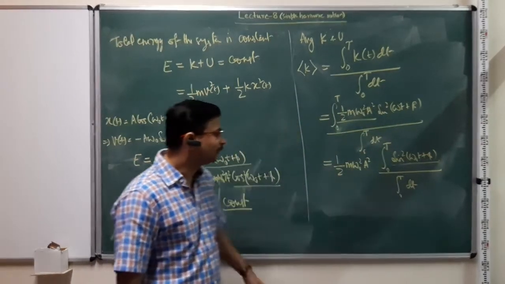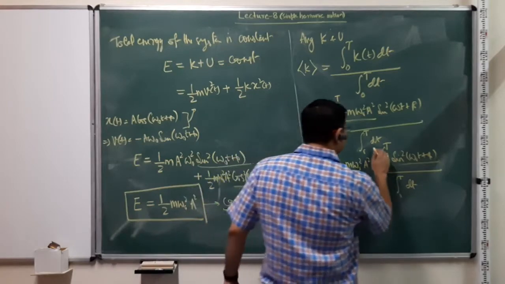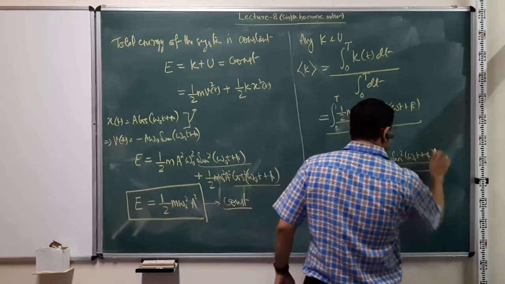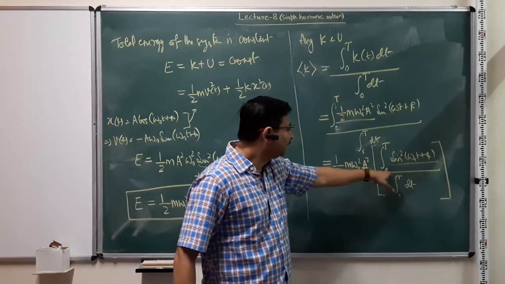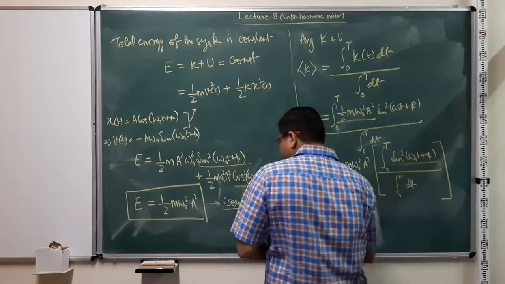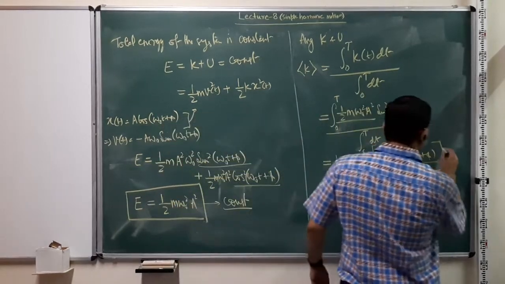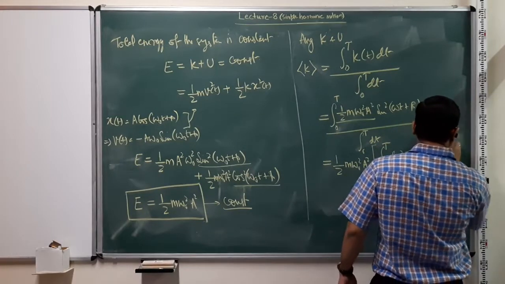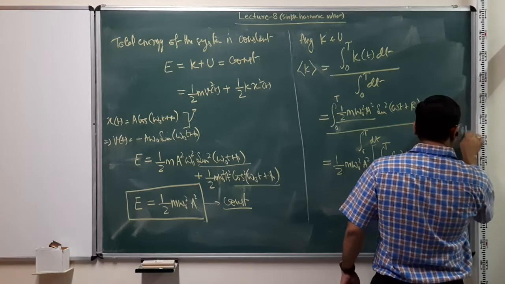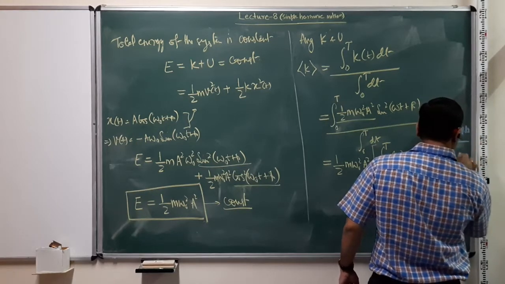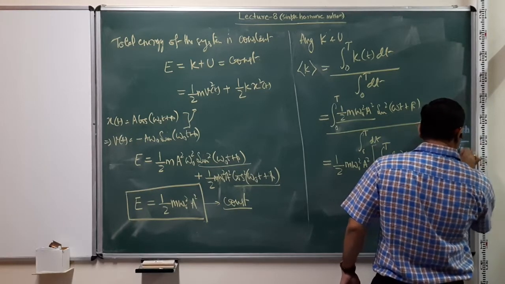Now this is a very simple thing. What you should check, or you may have seen it earlier, is that this quantity is similar to integral 0 to 2 pi sine square theta d theta over integral 0 to 2 pi d theta, right?